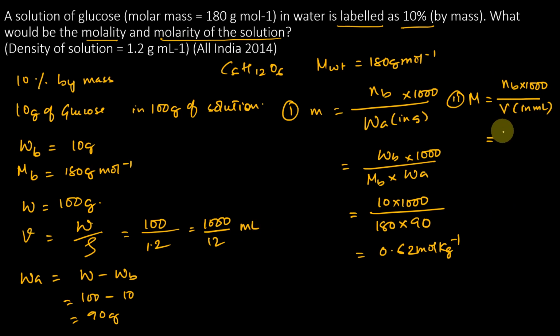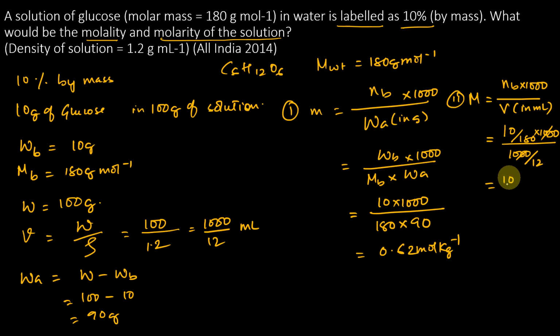So what is the number of moles of solute? Number of moles of solute stays the same for both. It is 10 divided by 180 into 1000, divided by the volume, which will be 1000 divided by 12. So the 1000 will cancel.